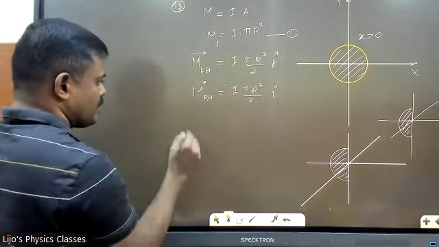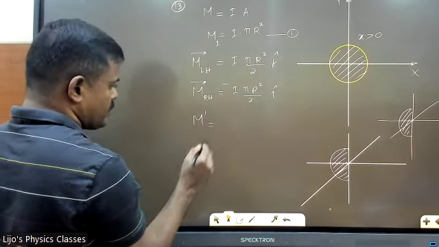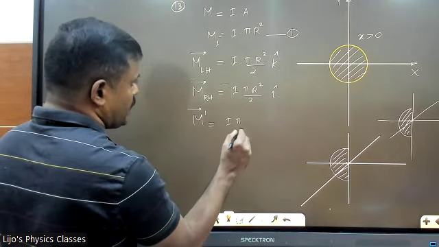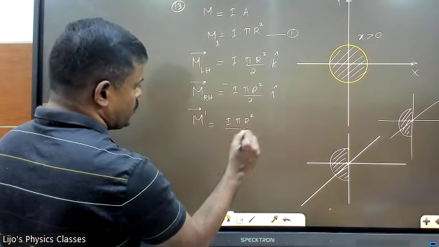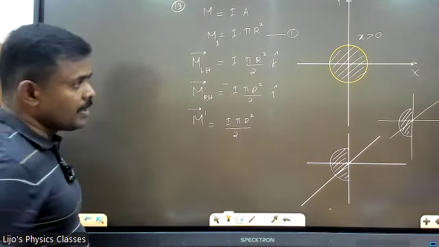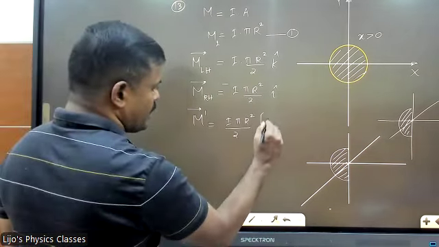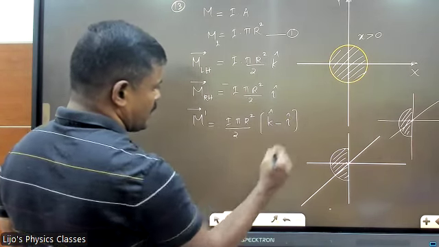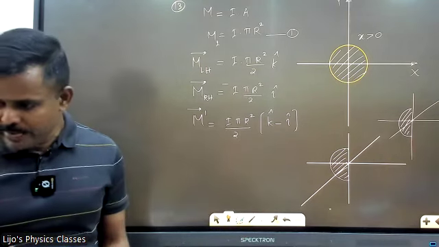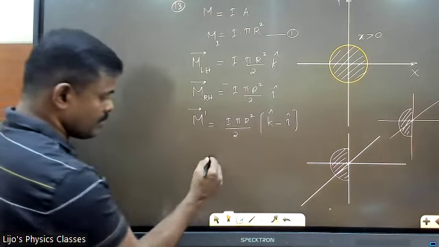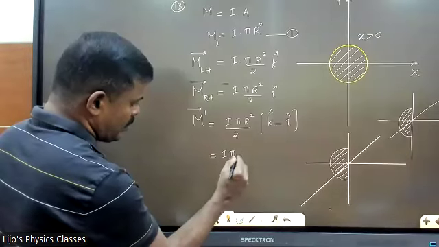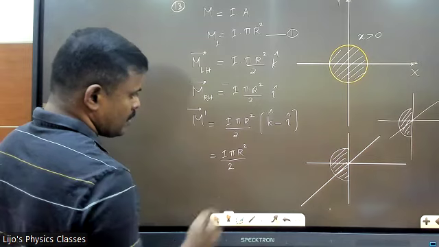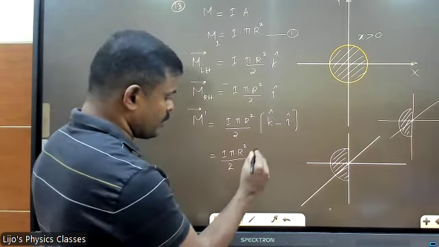Both are vectors. So what is M dash now? The second magnetic moment. I pi r square by 2 is common, right? Into k cap minus i cap, right? Correct. So I is common, pi is common, r square by 2 is common. What is the magnitude of this?